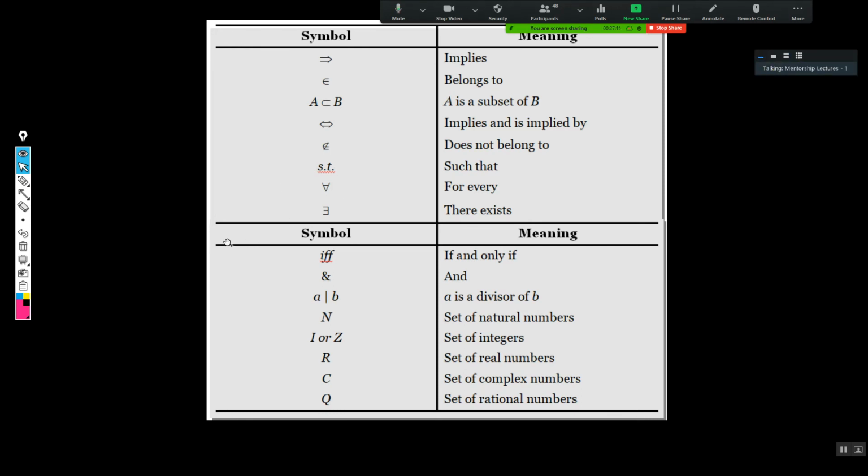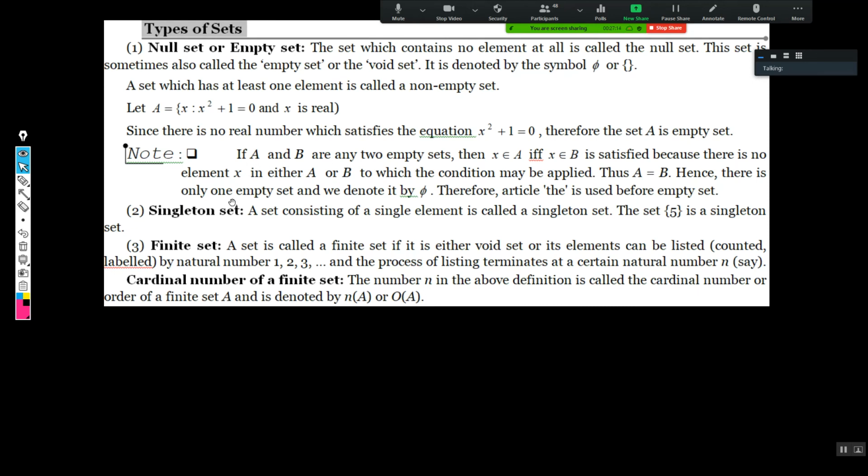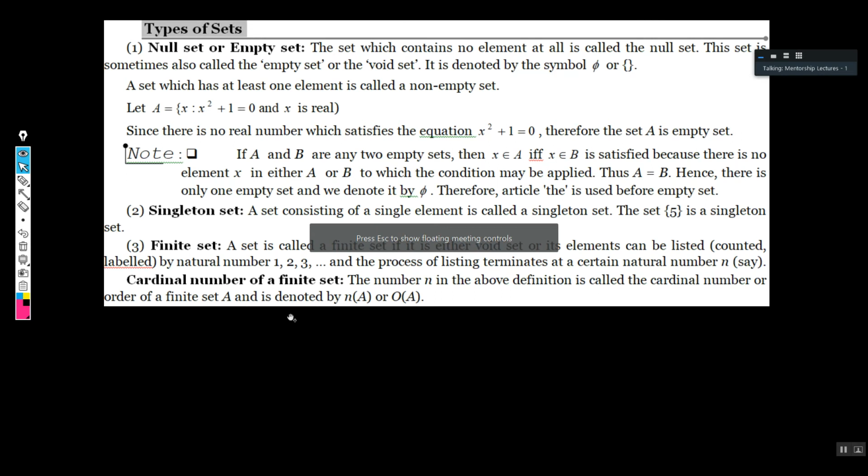Now, types of sets. When sets are defined, obviously there will be types of sets. First one is the null set. What is a better example for a null set?